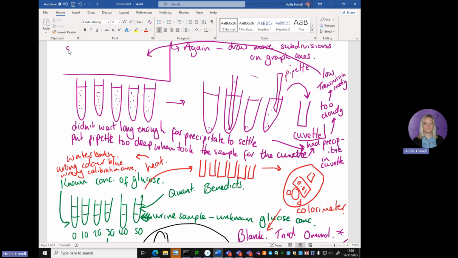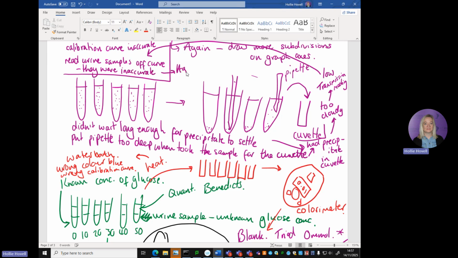So that meant that your calibration curve was inaccurate. So then when you read your urine samples off that curve, they were inaccurate. Now, if we did it again, how would we avoid that?